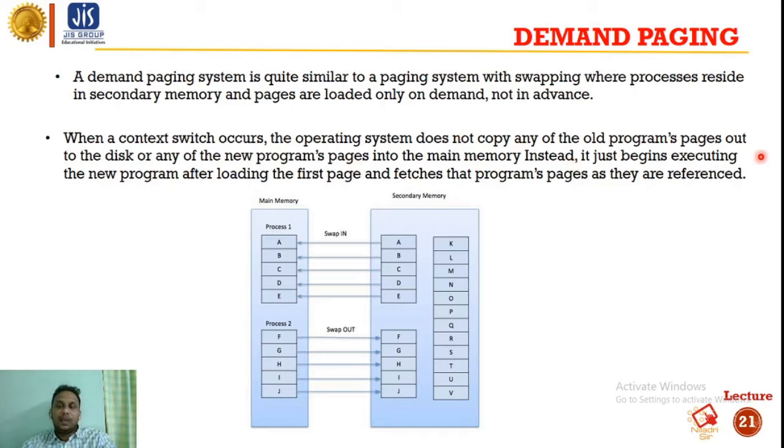Instead, it just begins executing the new program after loading the first page and fetches the program's pages as they are referenced. This is basically the context switch. As you can see, this is swap in, swap out.